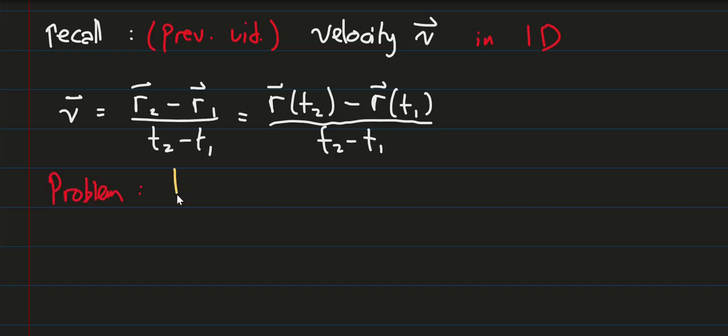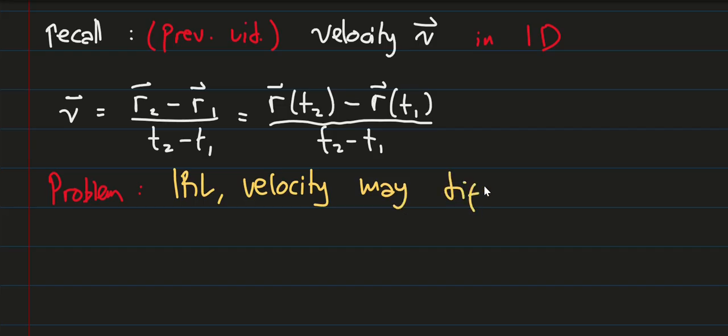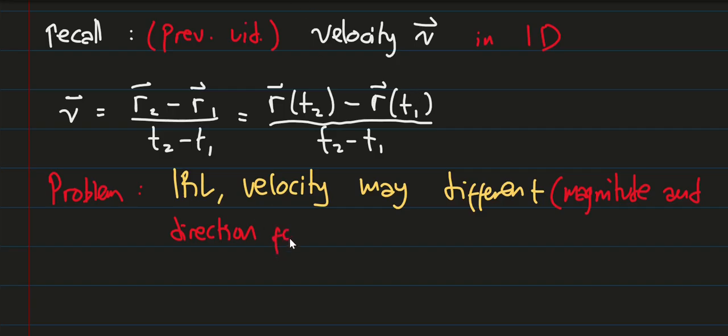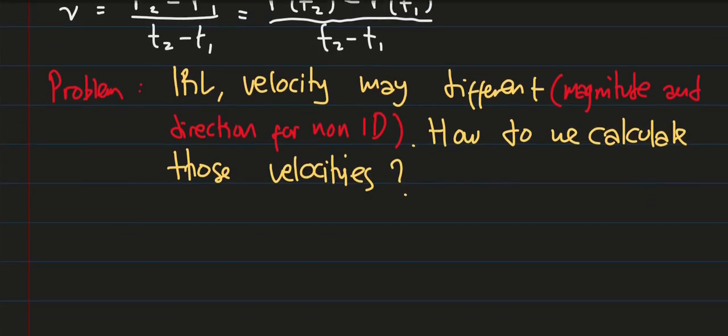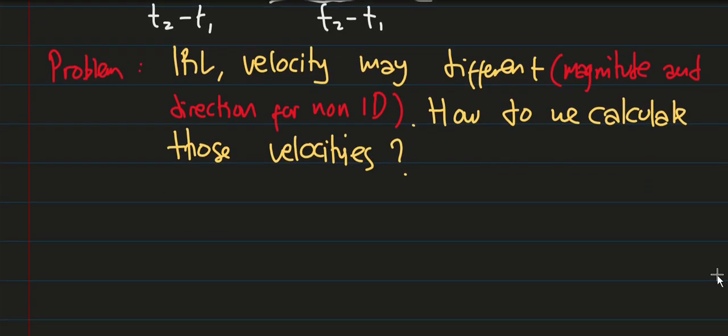Now, the problem is in real life, velocity may differ by magnitude and direction for non one dimension. So, how do we calculate the velocity itself, which differs in time?